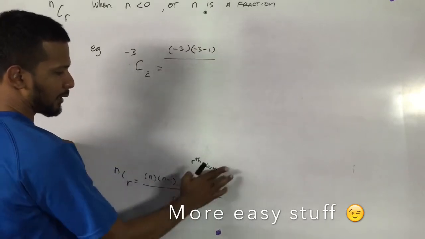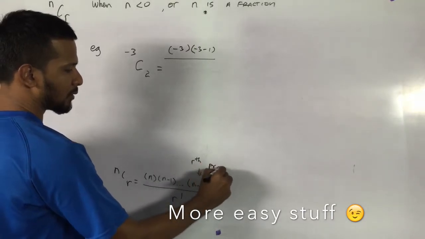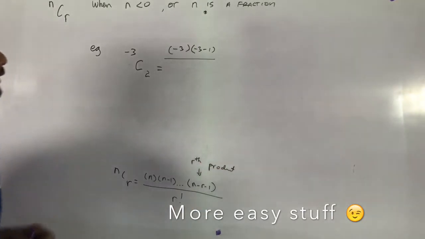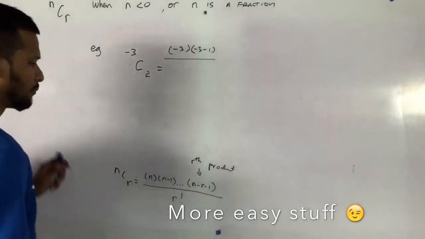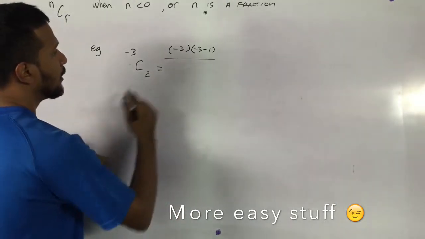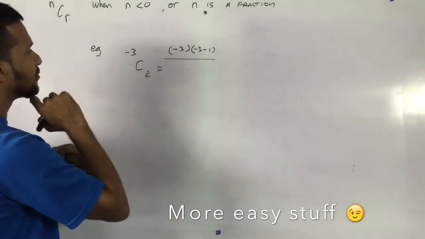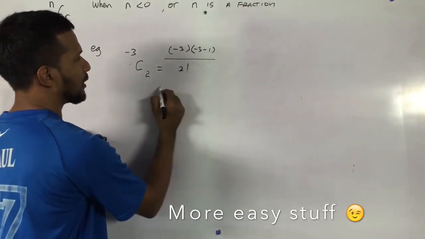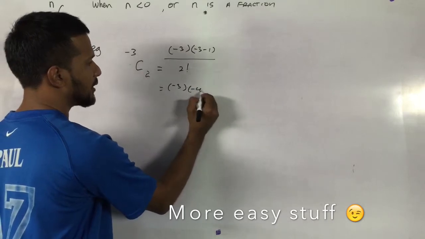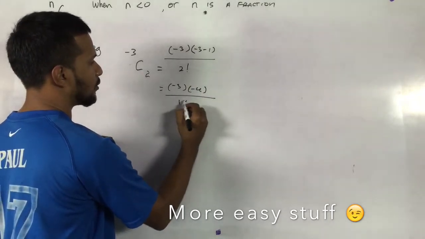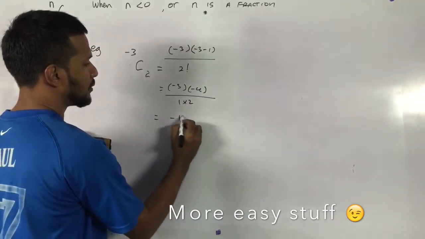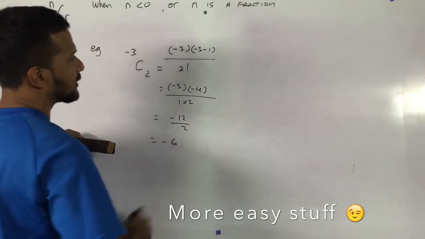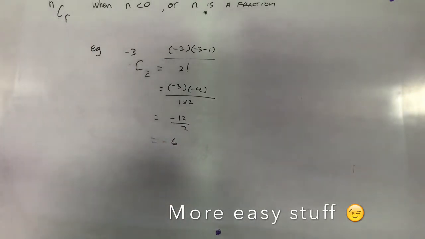So it will be negative 3 by negative 4 all over 2 factorial, 1 by 2, which is negative 12 over 2, which is negative 6. So that's the way we will use NCR.